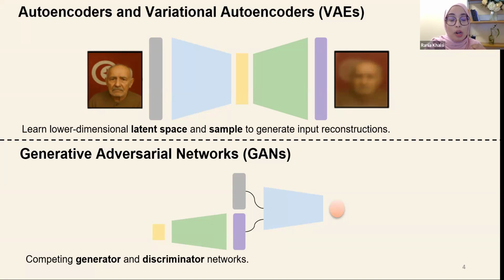Okay, so now when we are moving to GANs, we have a different approach. So instead of modeling the data distribution explicitly, they mainly rely on what we call adversarial computation.